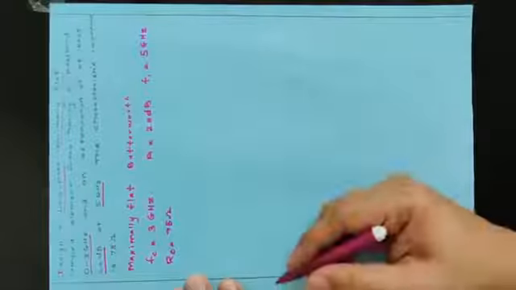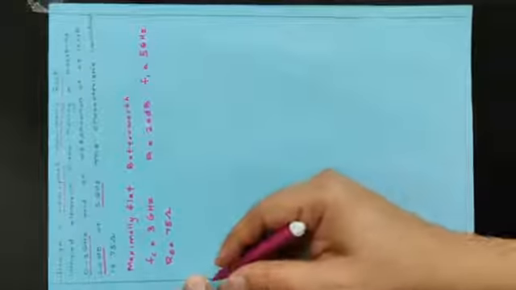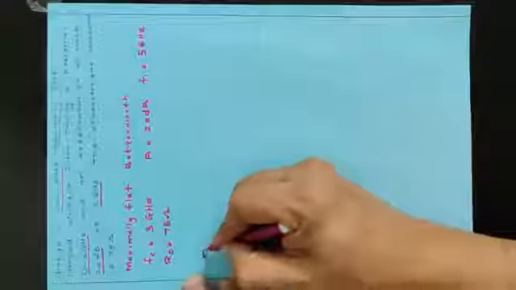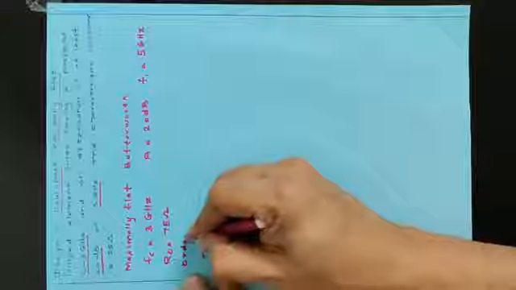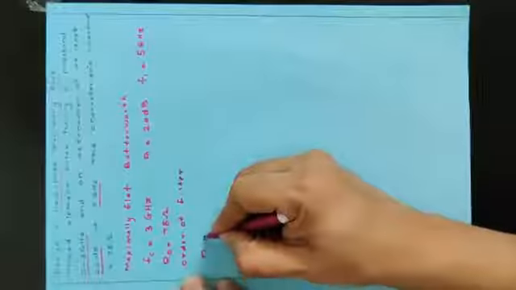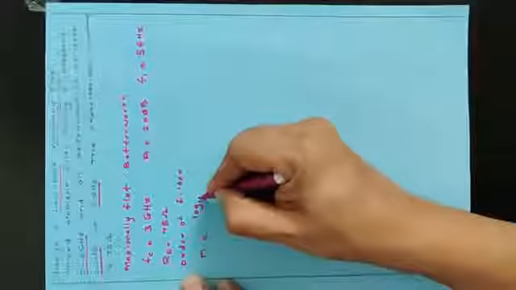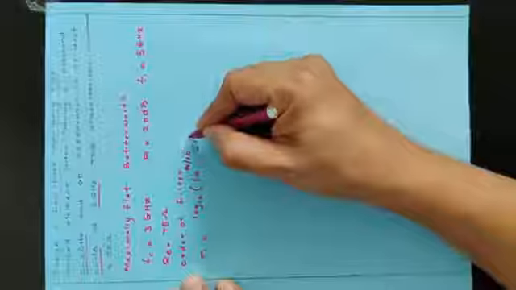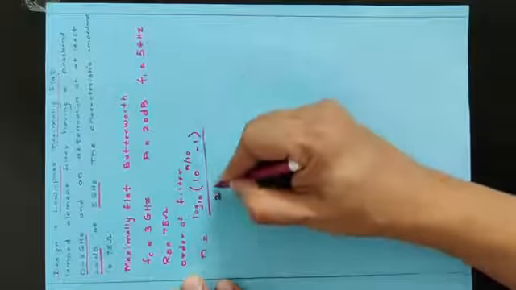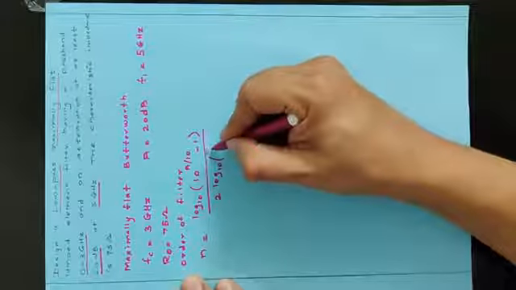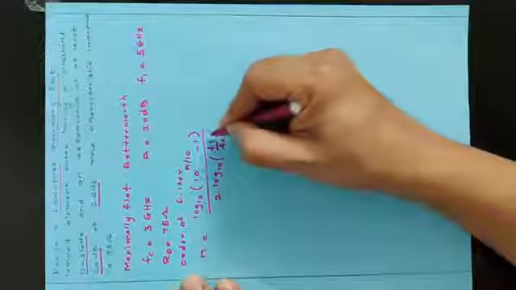So first aim is to calculate the order of the filter. For the Butterworth, the formula is given as order of the filter n equal to log to the base 10 of (10 to the power A by 10 minus 1) divided by 2 log to the base 10 of f1 by fc.